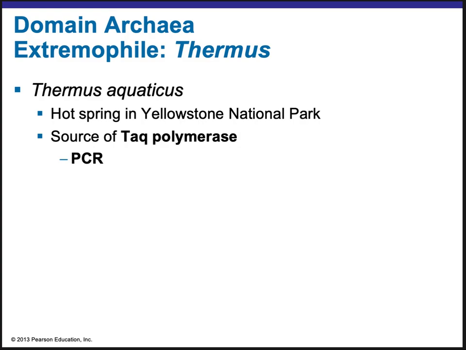And Taq polymerase, named after Thermus aquaticus, which grows in hot springs, is able to function under extremely high heat, right? The process of PCR rests upon Taq polymerase. If we didn't have Taq polymerase, we wouldn't be able to do PCR.